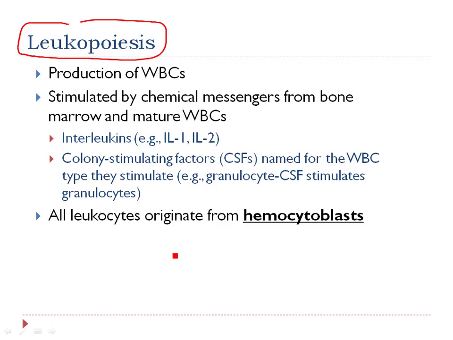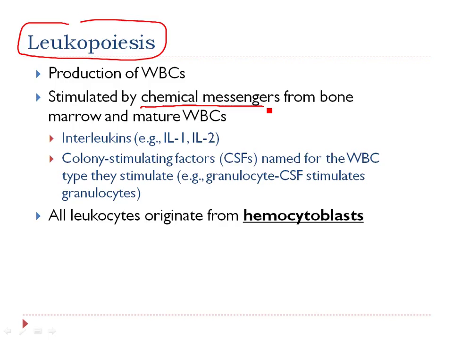Well, how does your bone marrow know how to do that? We're not going to go into all of the details, but basically there are chemical messengers. Most of these are special types of proteins produced by your body, and they function kind of like hormones of your immune system. So if you have an infection taking place somewhere in your body, the cells that are already present at that site will release certain chemical messengers depending on the requirements.